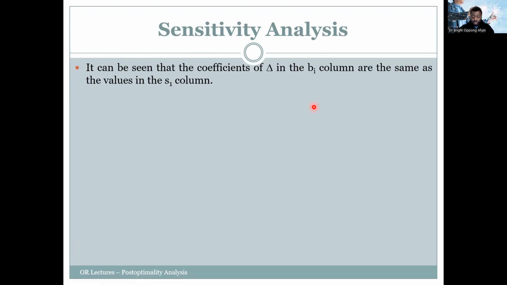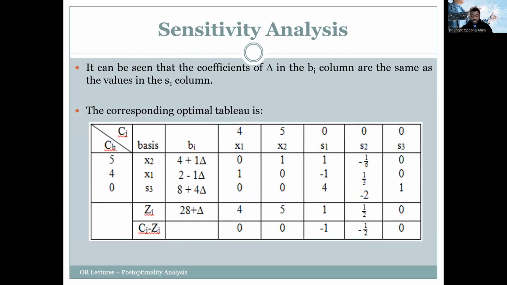So the corresponding final tableau, or the optimal tableau, will be this. x2 will be 4 plus a change, x1 will be 2 minus the change, and s3 will be 8 plus 4 change. And the ZJ will be 28 plus this change.